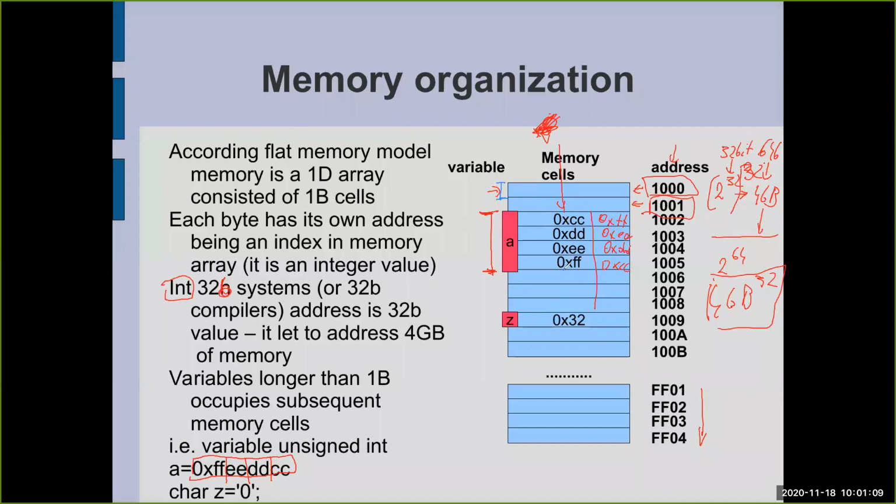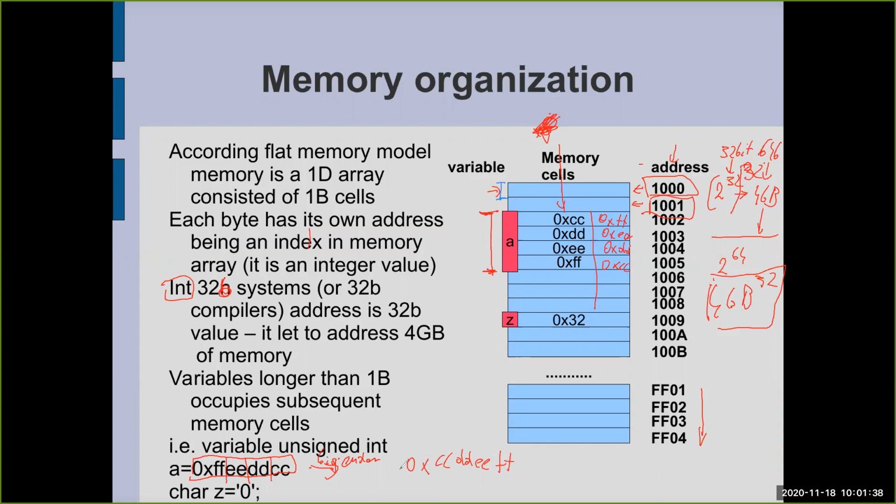But it means that in case of big endian, if I have the memory represented this way, the value of the element will be CC, DD, EE, FF.